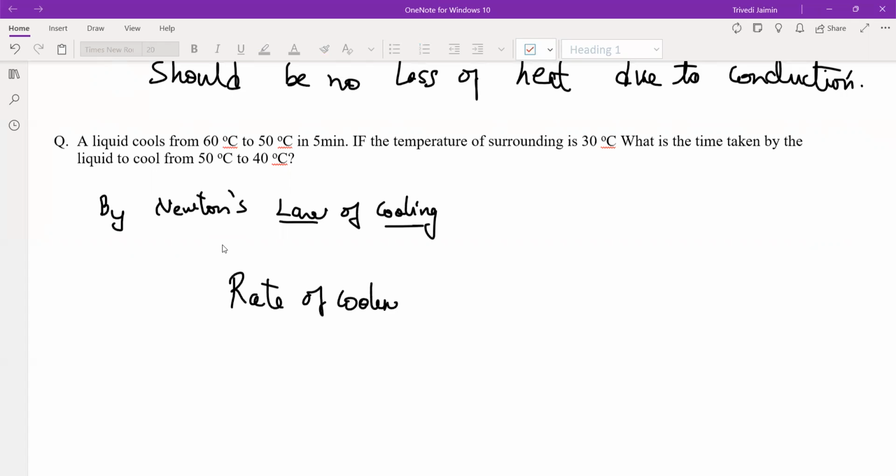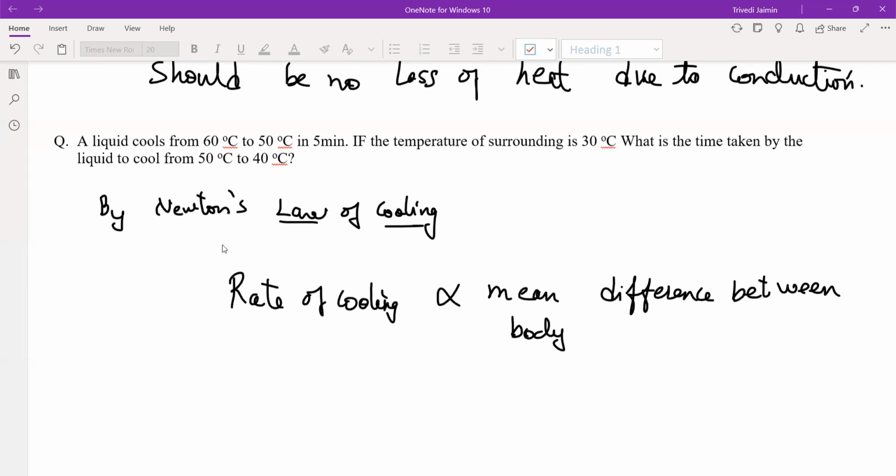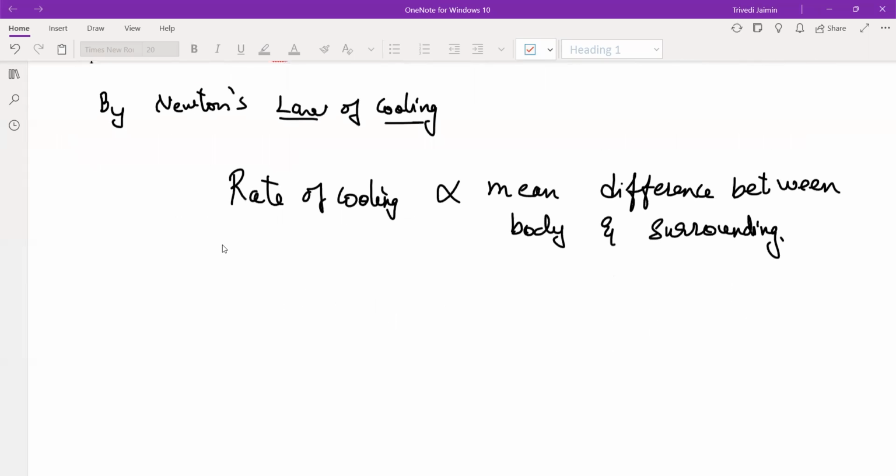The difference between body and surrounding. So rate of cooling is directly proportional to the mean difference between body and surrounding.